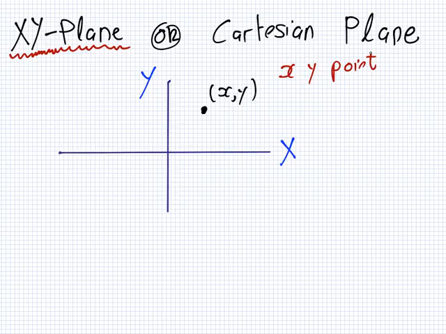So this is X and this is Y, as you know. Do you know what this is called? Epsilon. Excellent.